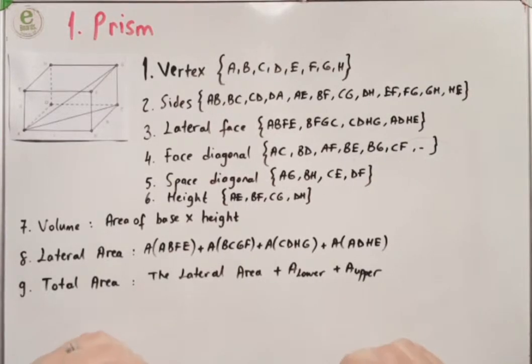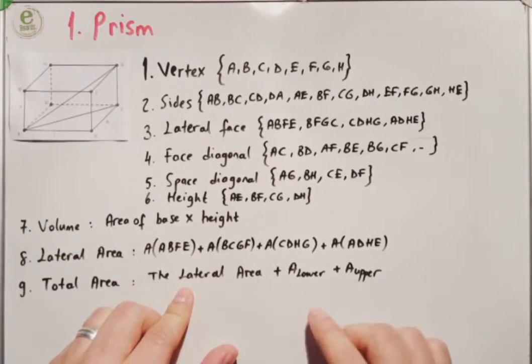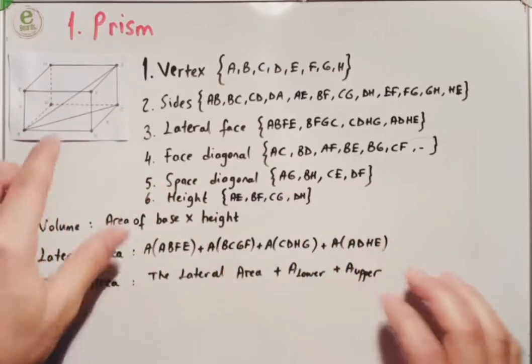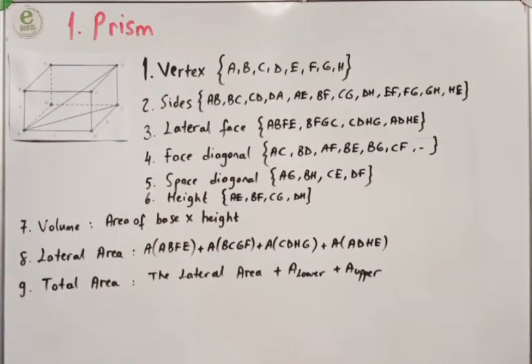For the total area, all we need to do is take the sum of the lateral area and the lower and the upper base. ABCD is the lower base, EFGH is the upper base.